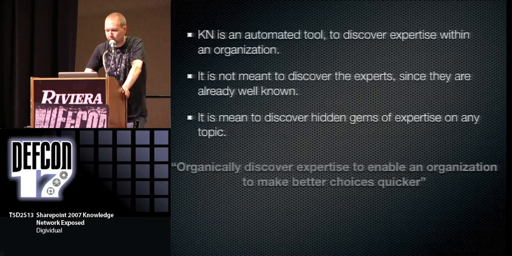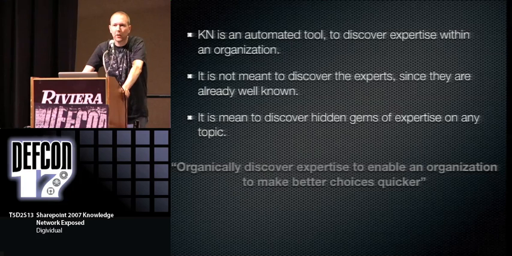It is not meant to really tell you who's an expert in an organization because that's already fairly well known and established. The idea is to establish secondary and tertiary sources of information, or sources of information that you did not know that the company had. This is for a high level for managers, things like that.